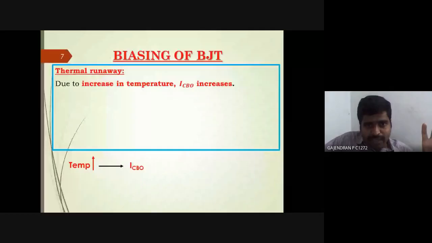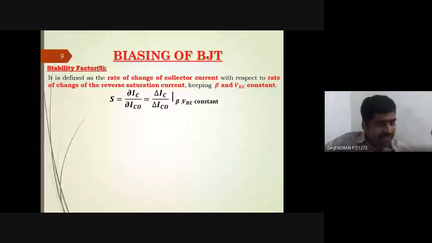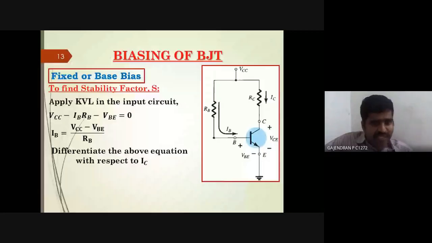This is the thing you need to catch to find the stability factor in any circuit. So the same thing we are going to do in a step-by-step way. Here we couldn't get it immediately, that IC and that saturation current. So slowly we will do the differentiation of this equation.